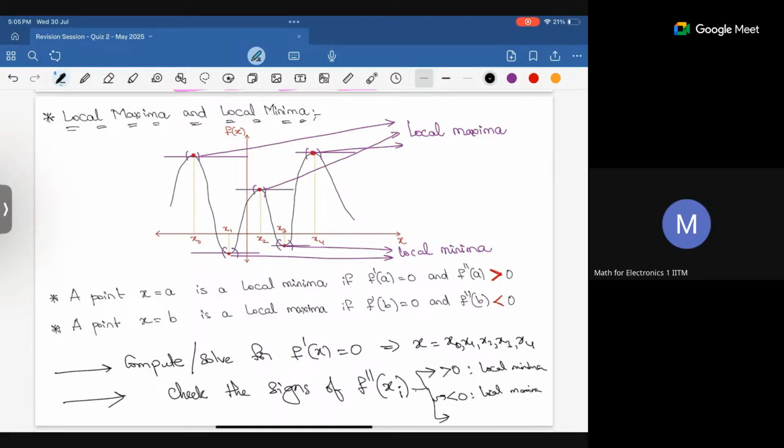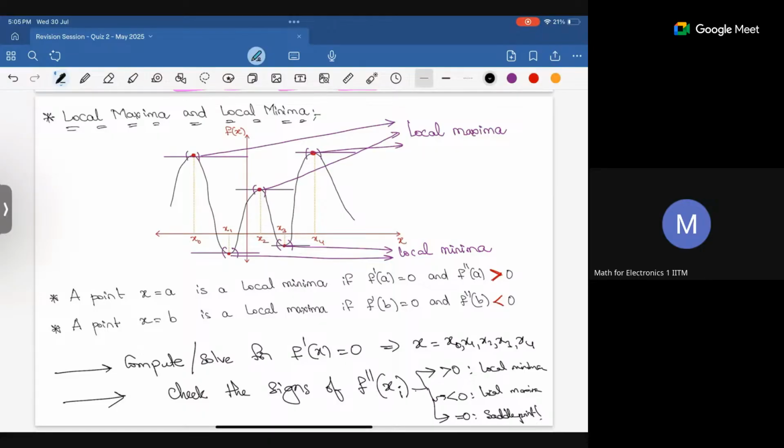And there is one more case also. It can be equal to 0 also. In those cases, this is called a saddle point, which is not local maxima, nor local minima. The best way to understand it is to look at the curve or graph of x cube. So x cube at x equals 0 is the saddle point.